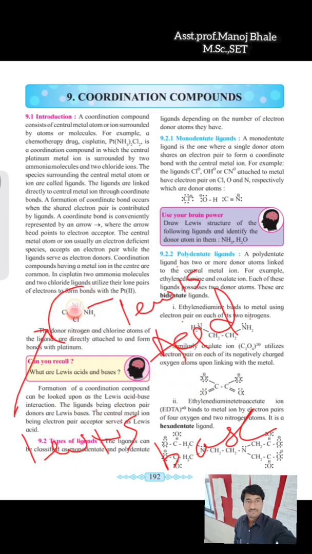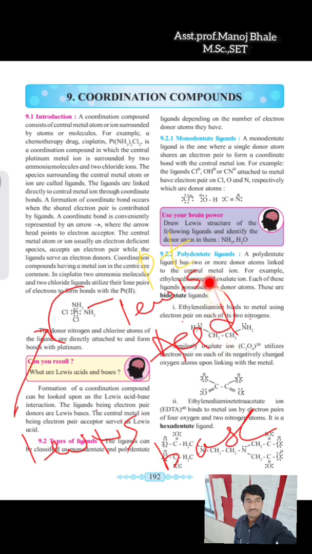That means all these four ligands, the two ammonia and the two chlorines, act as the Lewis base, and the central metal, platinum, acts as the Lewis acid.